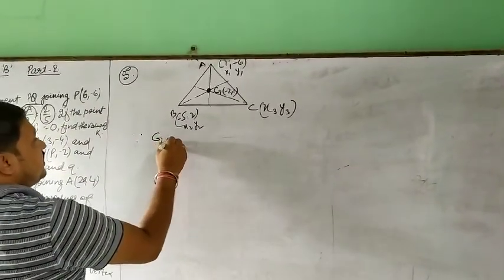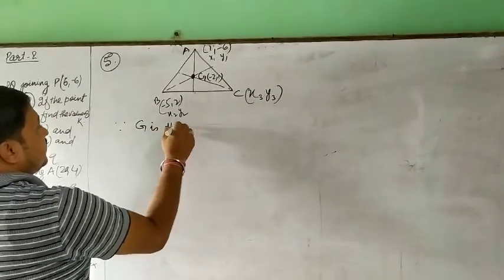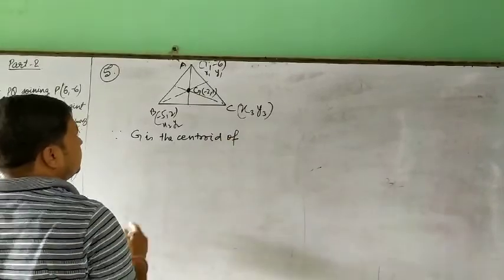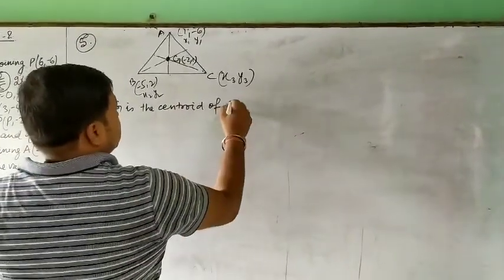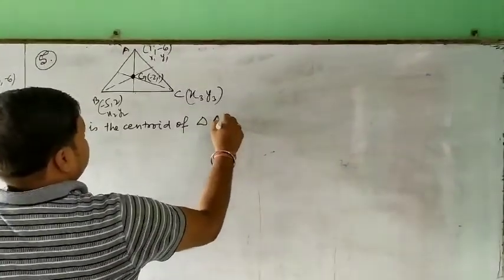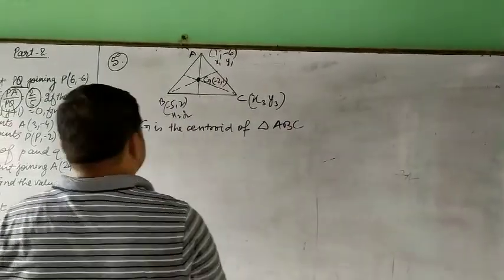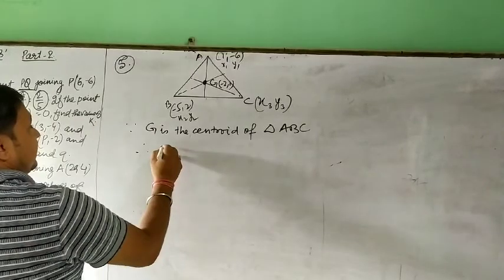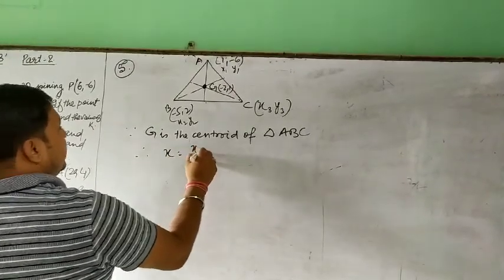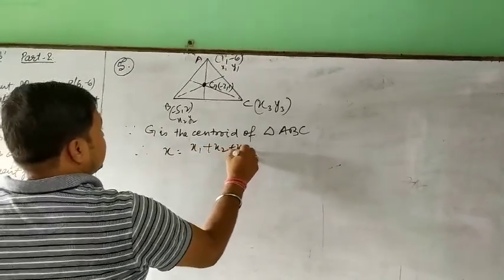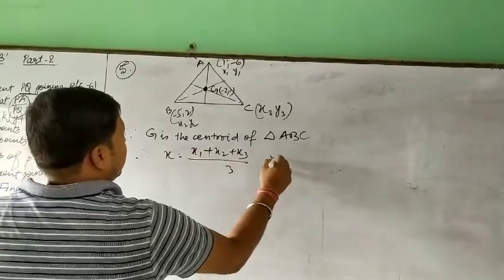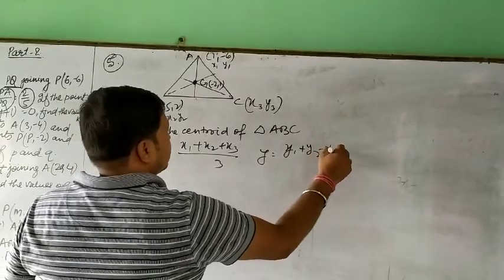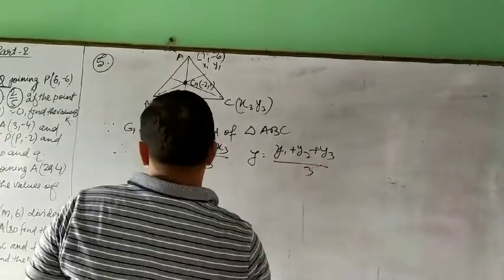Since G is the centroid of triangle ABC, x equal to (x1 plus x2 plus x3) by 3 and y equal to (y1 plus y2 plus y3) by 3.